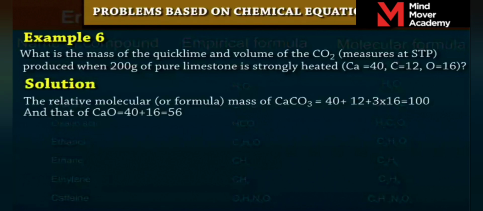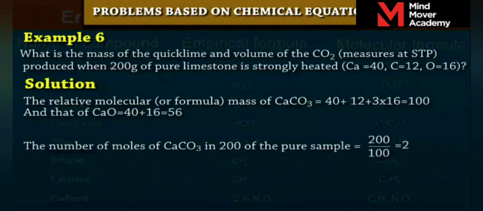The relative molecular or formula mass of calcium carbonate is equal to 40 for calcium, 12 for carbon, 3 times 16 for oxygen, and this is equal to 100, and that of calcium oxide is equal to 40 plus 16, equal to 56. The number of moles of calcium carbonate in 200 grams of the pure sample is equal to 200 by 100, which is equal to 2.